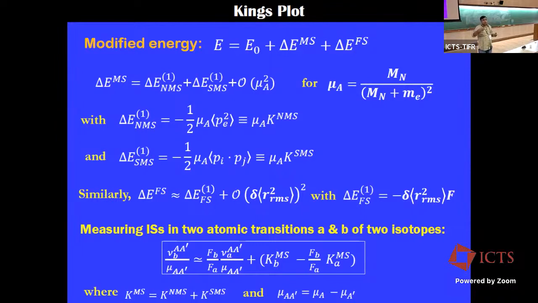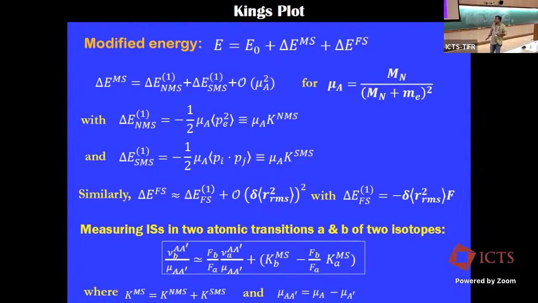So in light systems you will not see much field shift effect, and mostly it will depend on these kinds of interactions. But again, it depends on which transitions you are considering. In the heavier systems, the field shift will have large contributions, though not dominant.